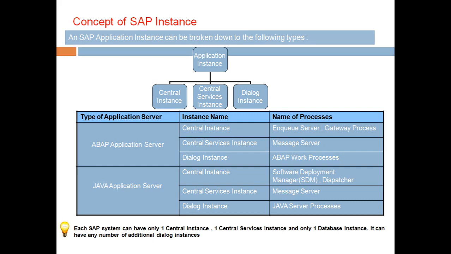Okay, so remember that whenever in the same hardware you are installing the application as well as the database, then you call it a single instance. And if you are installing the application instance and database instance on two different hardware, then we call it a distributed instance.